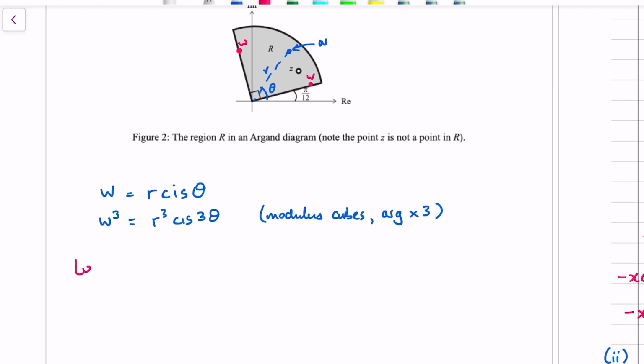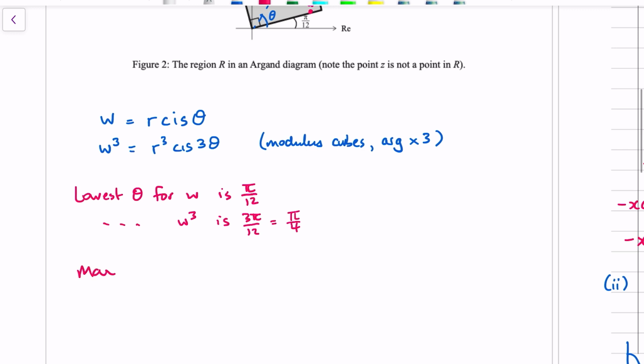Lowest theta for w is pi over 12. Lowest theta for w cubed is 3 pi over 12, or pi over 4. Maximum value of theta for w is pi over 12 plus pi over 2, which is 7 pi over 12.